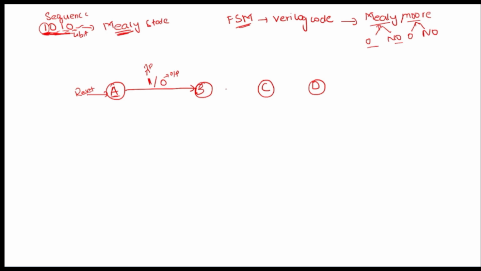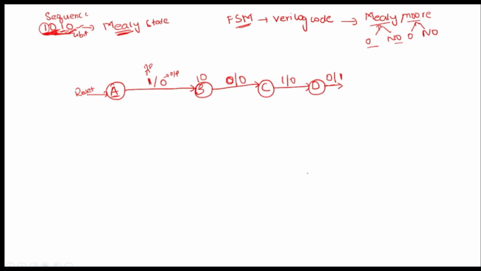Now what happens? B has received 1. Until B receives 0, it won't go to C. So when B receives 0, it will go to C. Similarly, when C receives 1, it will go to D. And when D receives 0, the output will be activated.